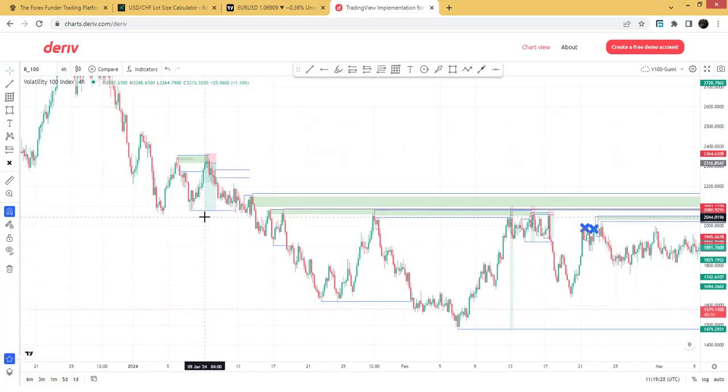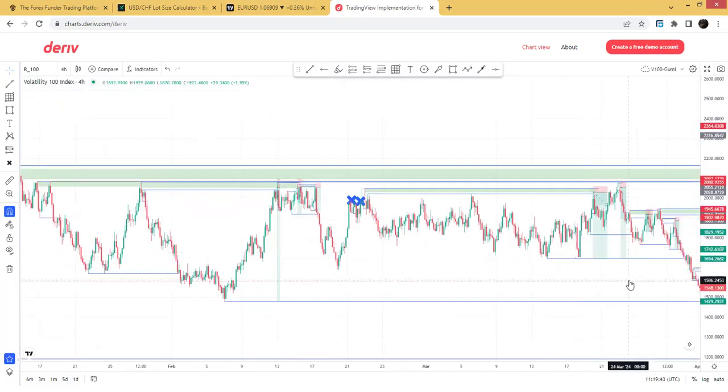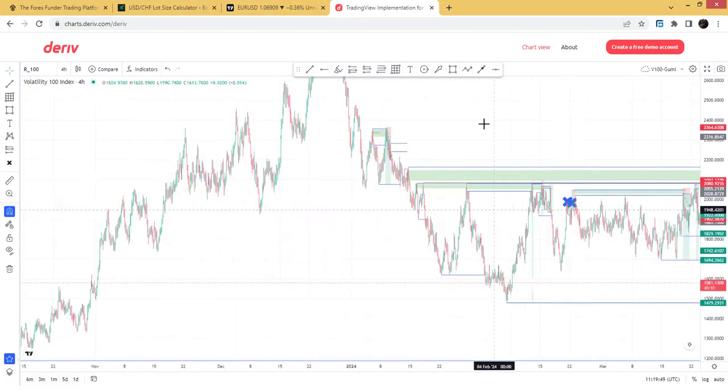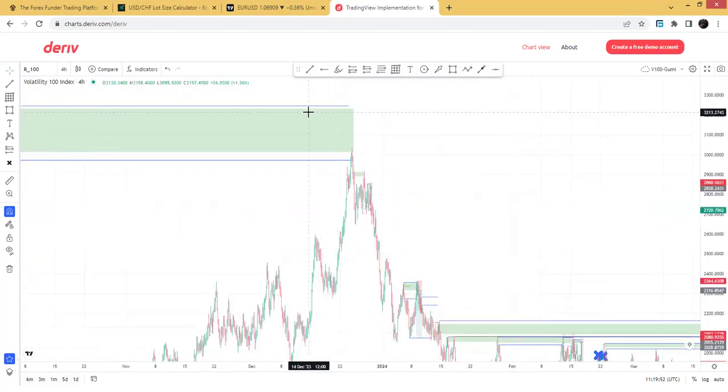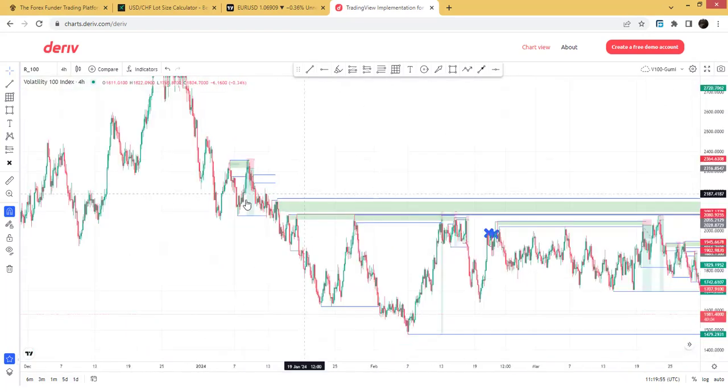So 60 times 9. That's $540. So you'd have won $540 and you'd have lost $80. So you'd have made $460. Right? All sticking to what? The bias from the higher time frame. Right? And you are going for your 1 to 3 each time.